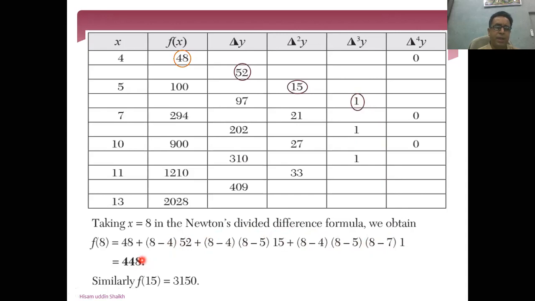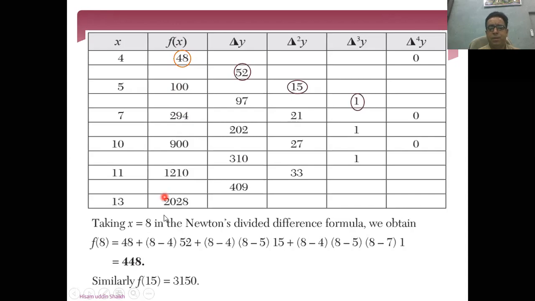For verification, 8 lies between 7 and 10, so the value at 8 must be between 294 and 900. At 7 it is 294, at 10 it is 900, and at 8 it is 448. That's confirmed to be between the two values.